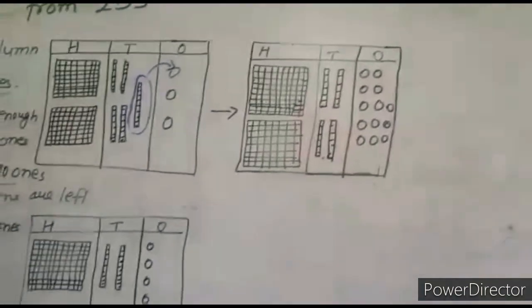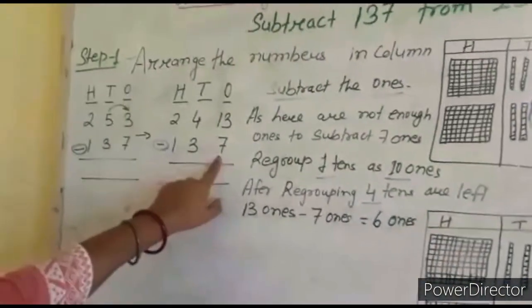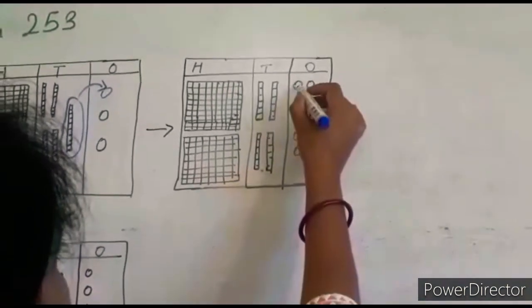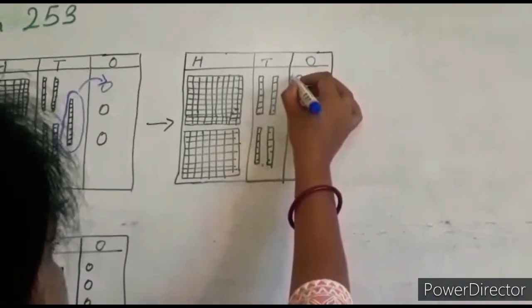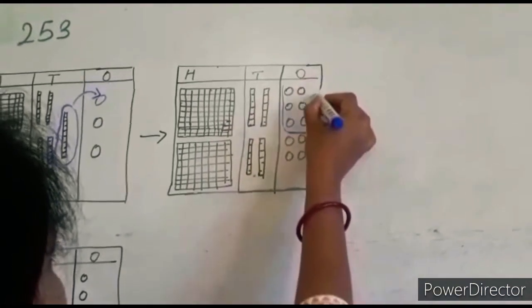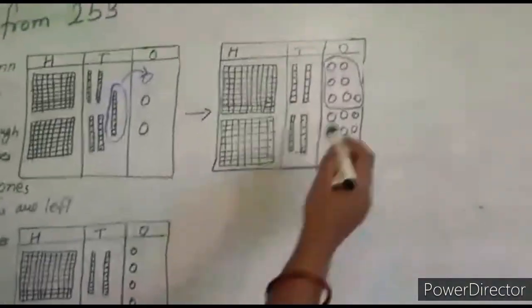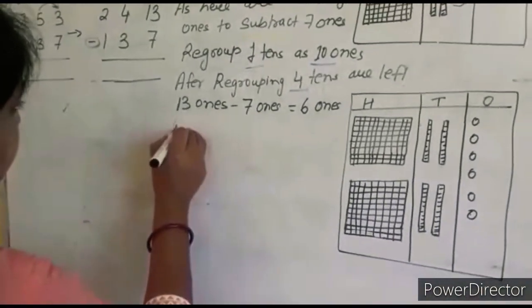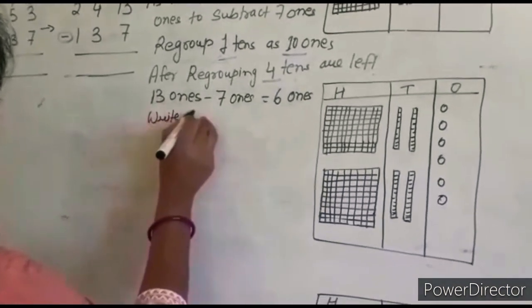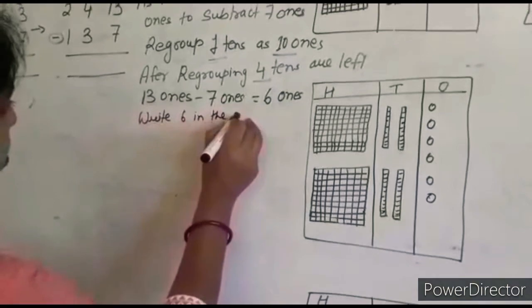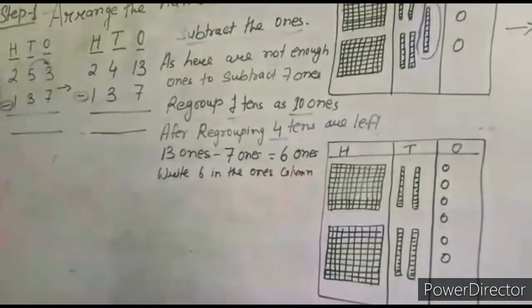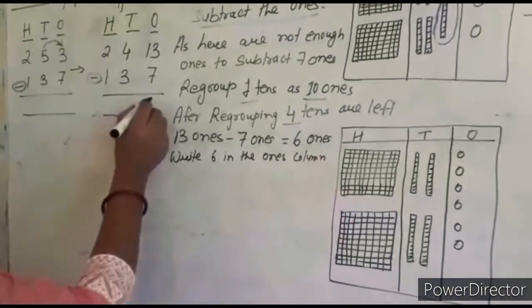So we have to subtract 7 from 13. If we take 7 from here, 1 2 3 4 5 6 7, how many are left? Only 6 ones. So write 6 in the ones column. Hope you all understood. Here write 6.